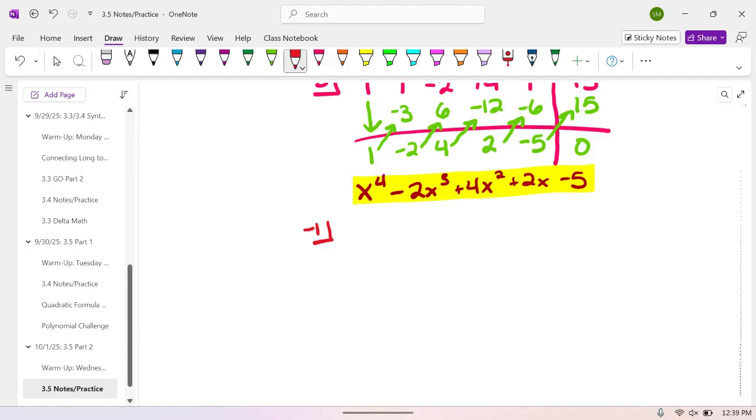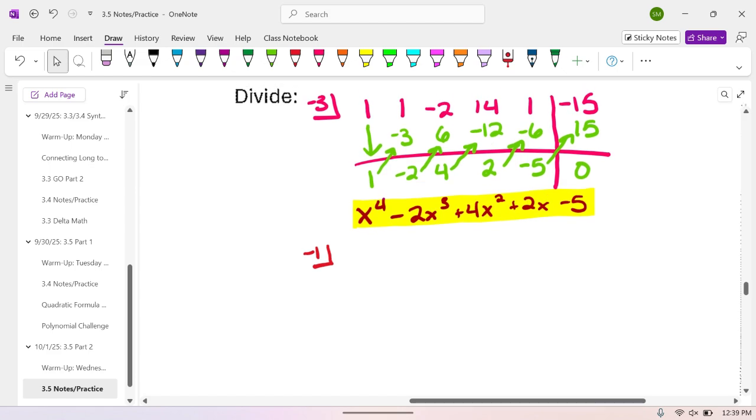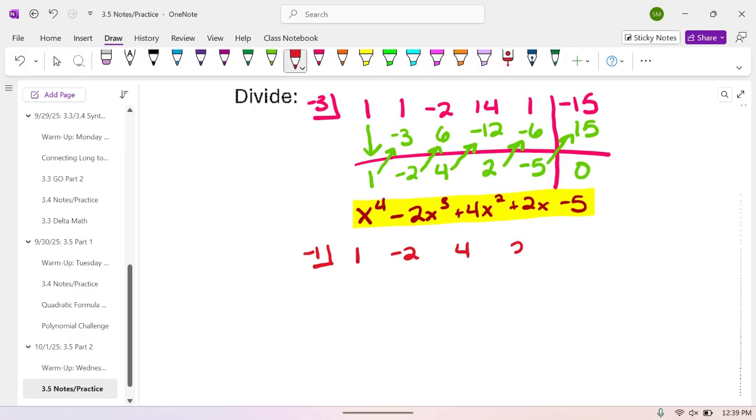So what would go across the top, Wyatt? Okay, well, just look at what I have on the board real quick. What do I write across the top for the synthetic? 1, then -2, 4, 2, -1.